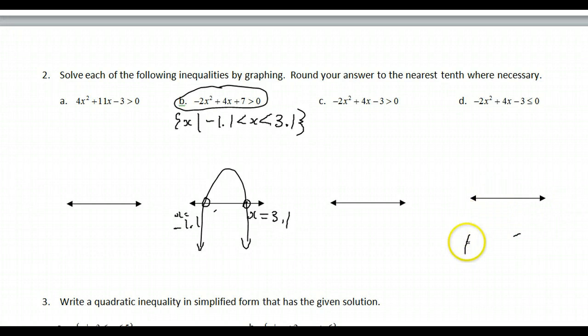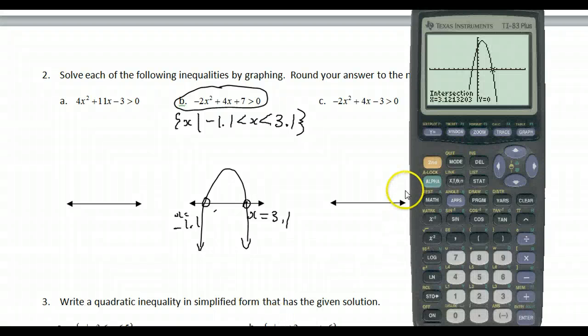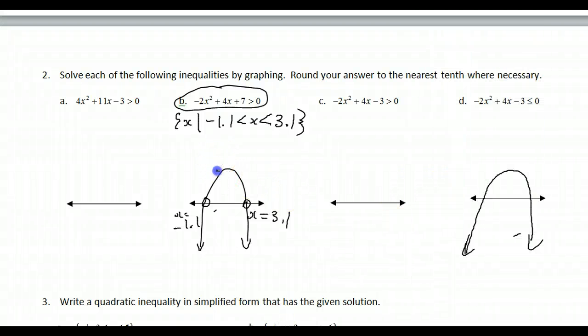And again, this opens like this. I don't have the axis in here, I guess. Well, let's go back, look at the graph again. The axis is somewhere here. Okay, that's the y-axis. But really that doesn't matter, right? What matters is finding the x-intercepts.